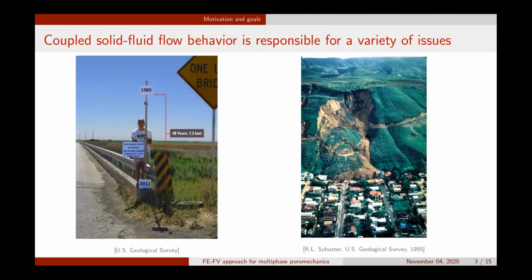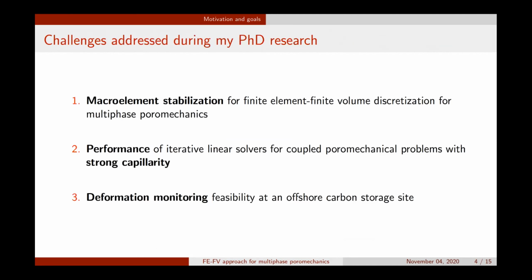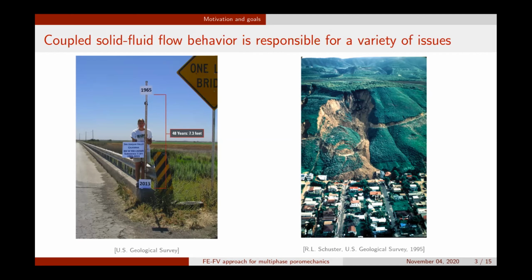We know that water weakens the soil strength, and this landslide happened after a very heavy rainfall. We can see how these two behaviors are tightly related: we have solid deformation and fluid flow tightly related. So we have ways of predicting those events through modeling, and we need coupled simulations for that.